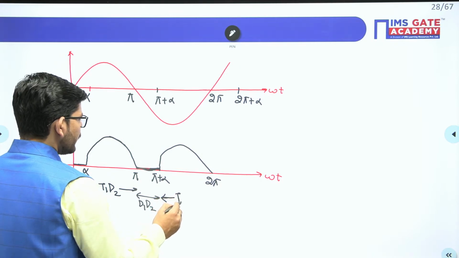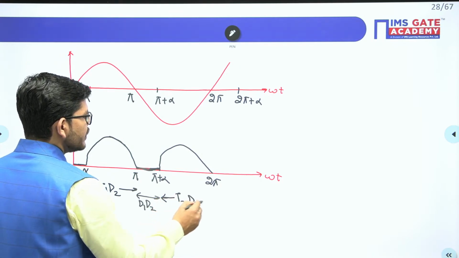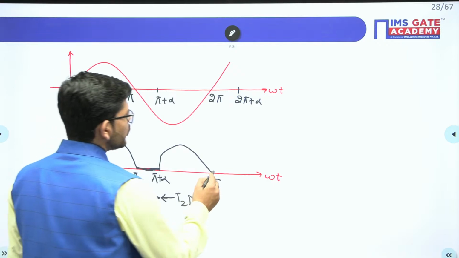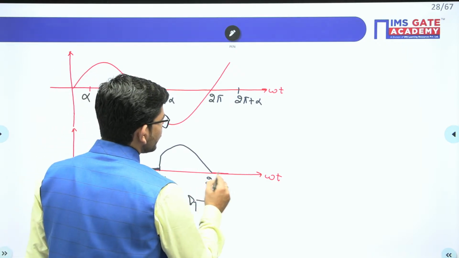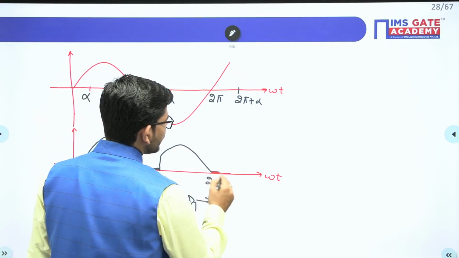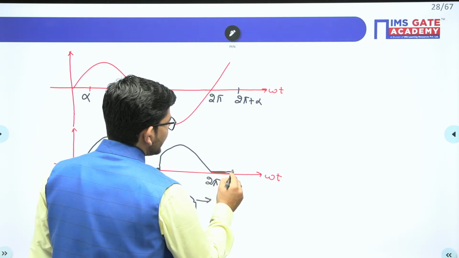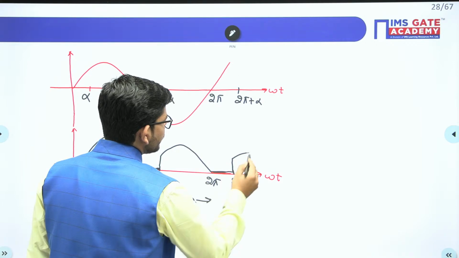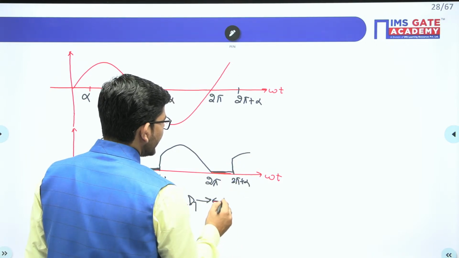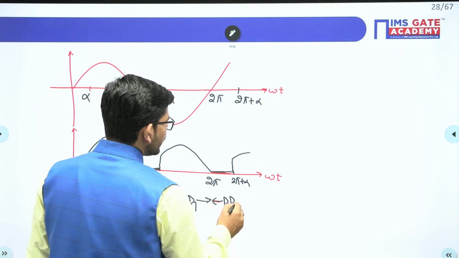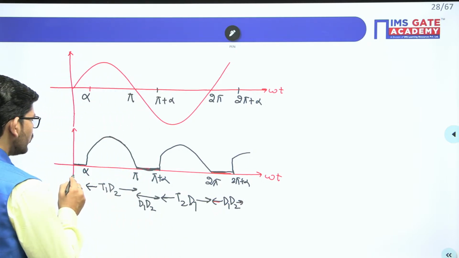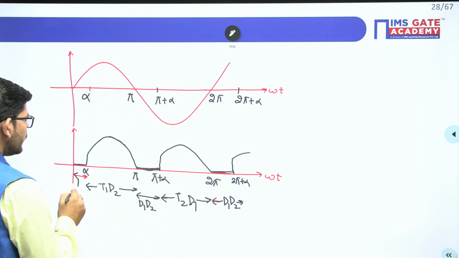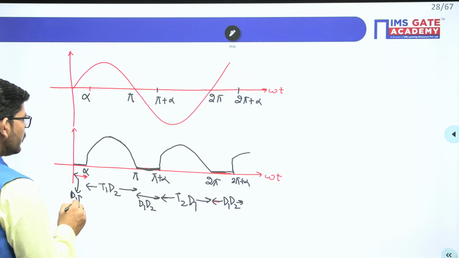We have T2 and D1 conducting. From 2 pi to 2 pi plus alpha, again the freewheeling will occur, and again we have D1 and D2 conducting.